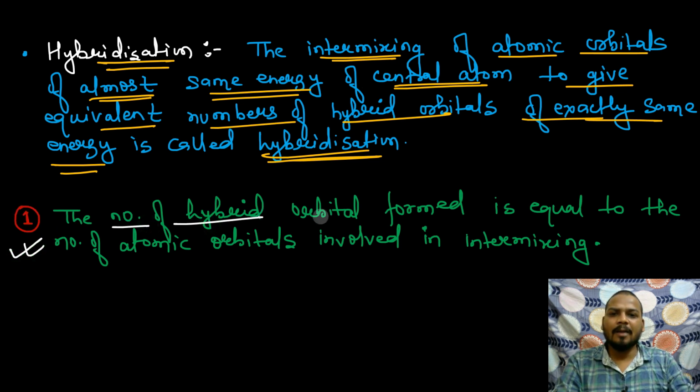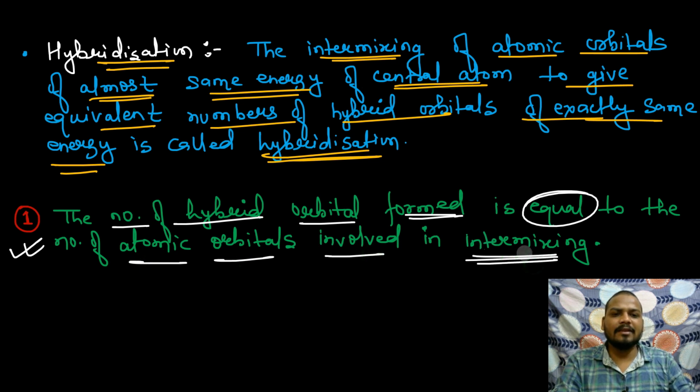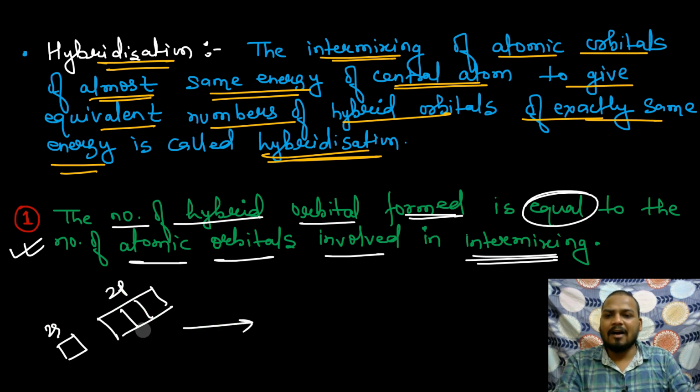If you go through the postulates of hybridization, then the number one postulate says the number of hybrid orbitals formed is equal to the number of atomic orbitals involved in intermixing. Meaning if one 2s orbital and three 2p orbitals are going to intermix, then after intermixing they will form the same number of hybrid orbitals.